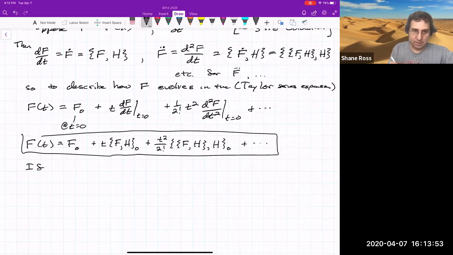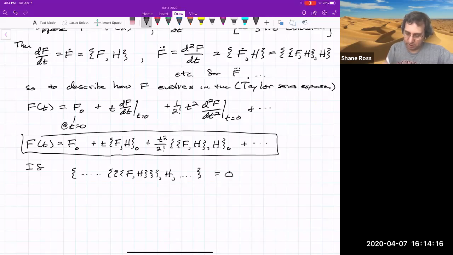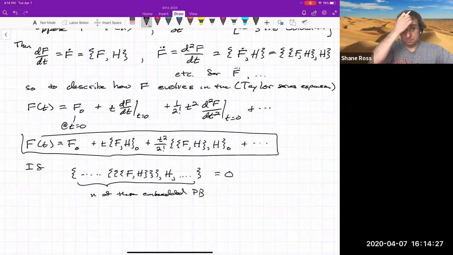So if, this is hard to draw, but I'm trying to put in like an embedded Poisson bracket situation. If this series, if this equals 0, if there's n of these embedded Poisson brackets, we can say n or k. I don't want to confuse you thinking this is related to the degrees of freedom. Let's just say k.